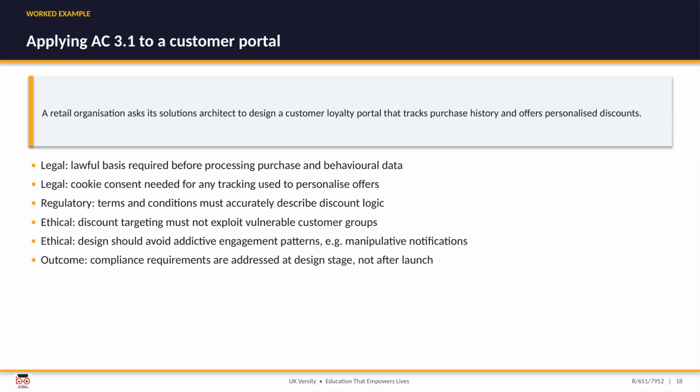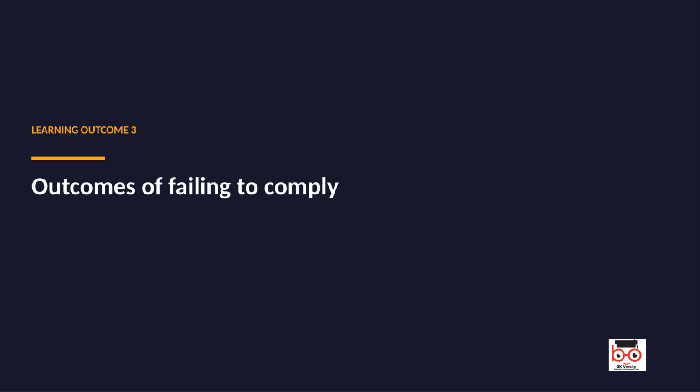On the regulatory side, the terms and conditions must accurately describe how the discount logic works. Ethically, the targeting mustn't exploit vulnerable customer groups, and you'd steer well clear of addictive engagement patterns like manipulative notifications. The whole point of the exercise is that these requirements are addressed at the design stage, not scrambled together after launch.